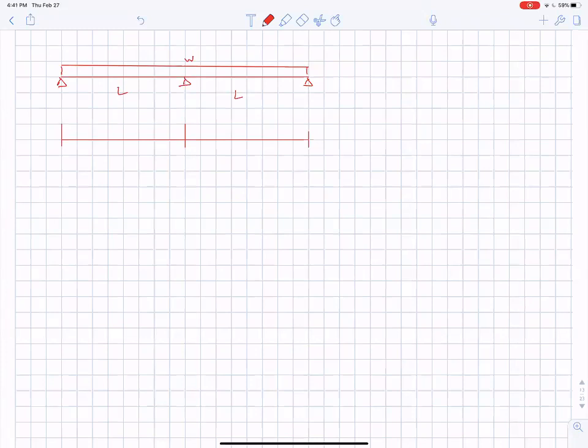You put in some fixed end moments, WL squared over 12. And so you really won't understand this until you take 4200, but this gives you an example of how I do things and why you could do this.